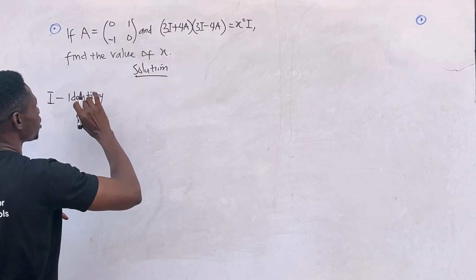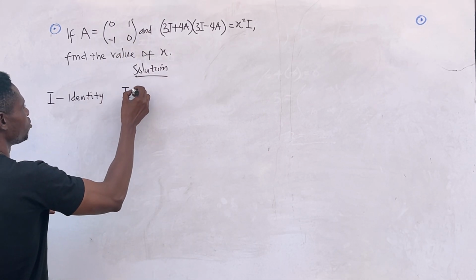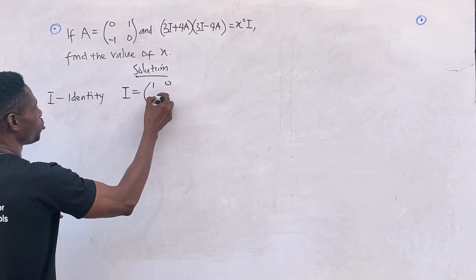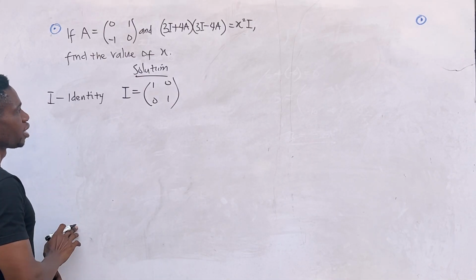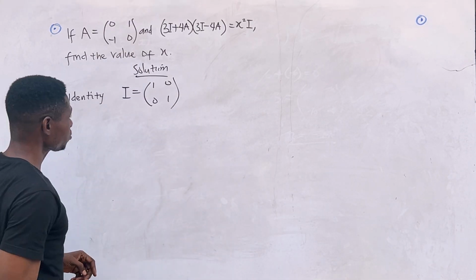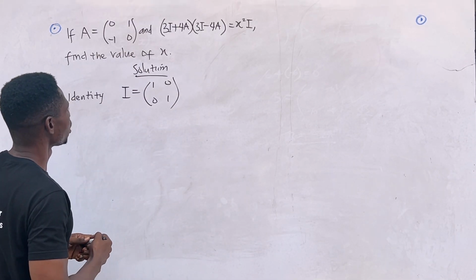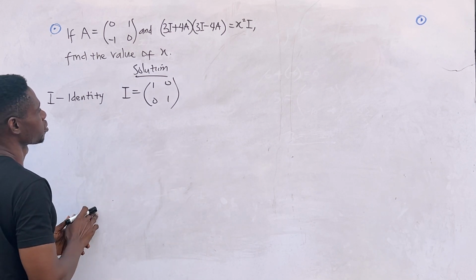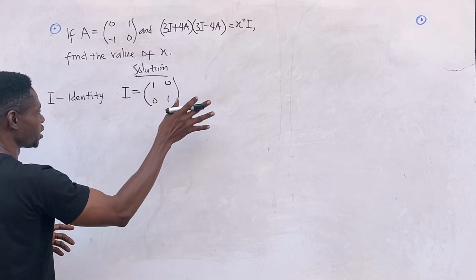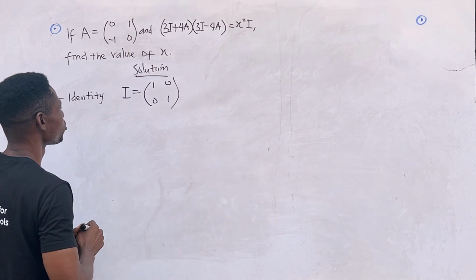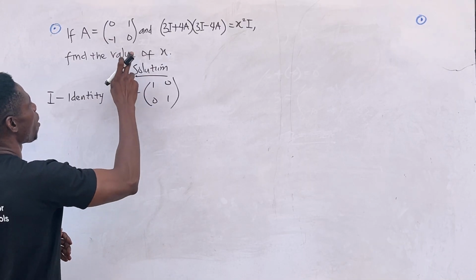For a 2 by 2 case, the I is 1, 0, 0, 1. The principal diagonal has ones. Every other element in the matrix is 0. So this is our I for a 2 by 2 matrix.